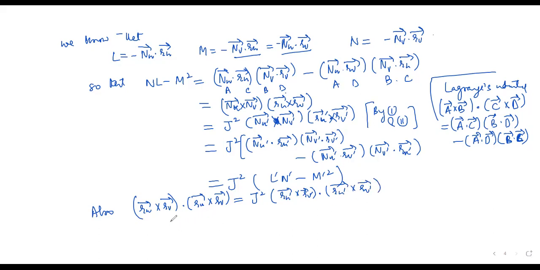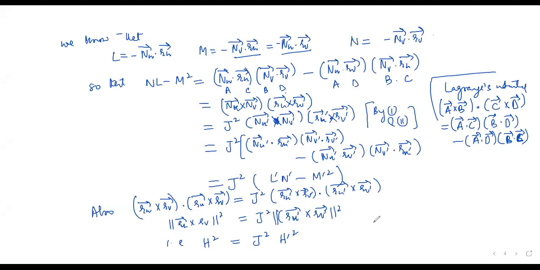And this is nothing but the norm of R_U cross R_V squared, is equal to J square into the norm of R_U prime cross R_V prime squared. That is H square is equal to J square into H prime square.